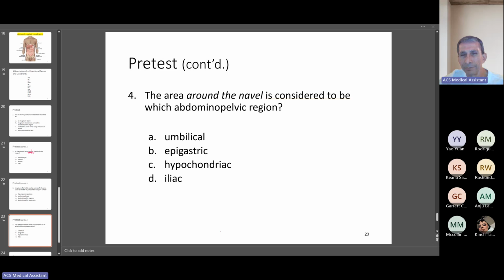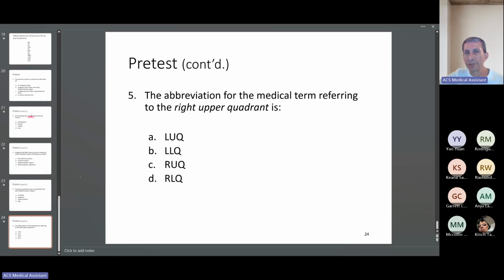Awesome. You got it right. It's A. Umbilical. Remember, umbilicus, navel, belly, but it's a region. That's how it works. Now you understand more how they are going to state these questions, because that's the most important part, the wording that they use.